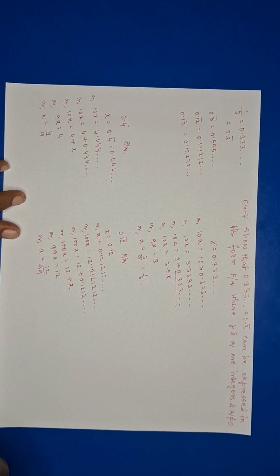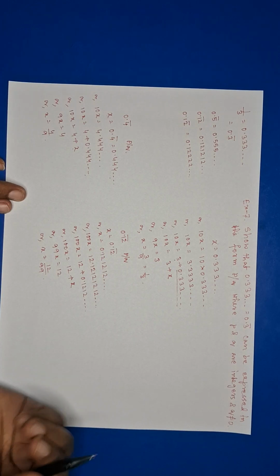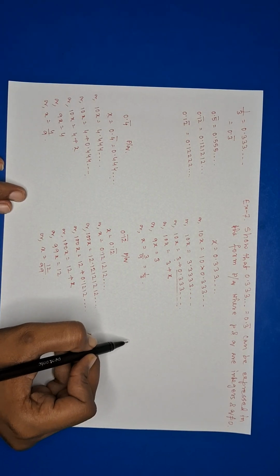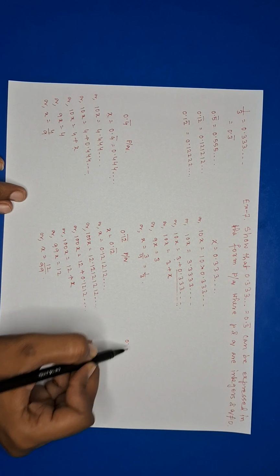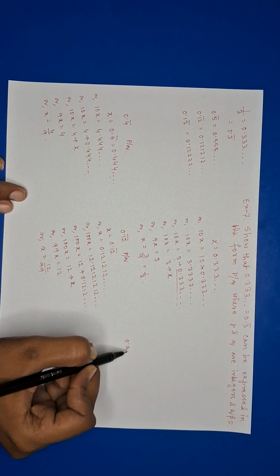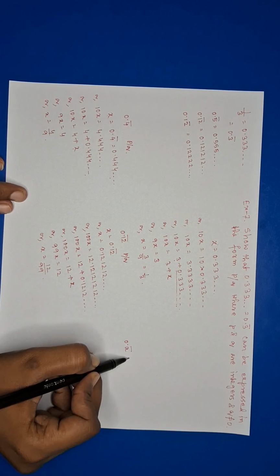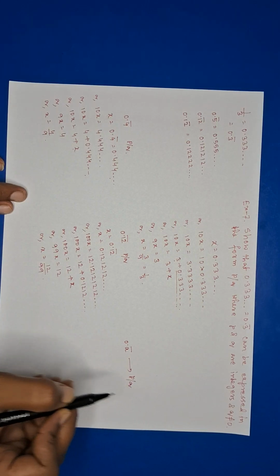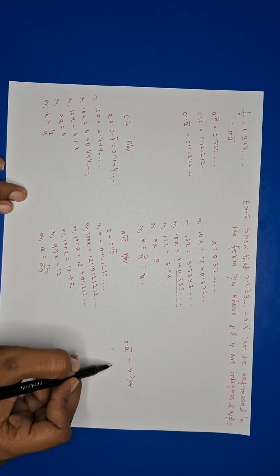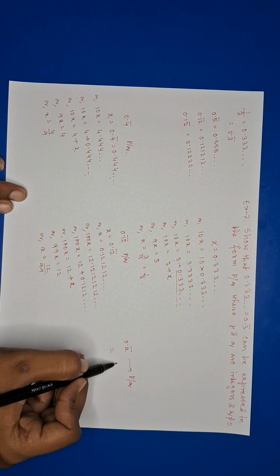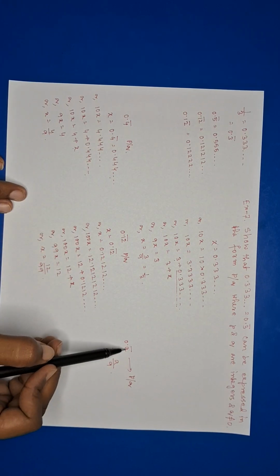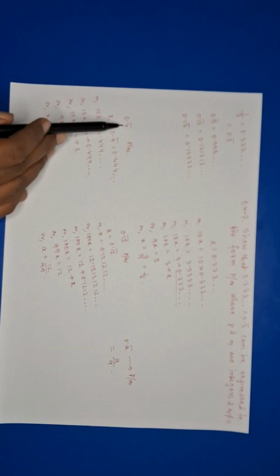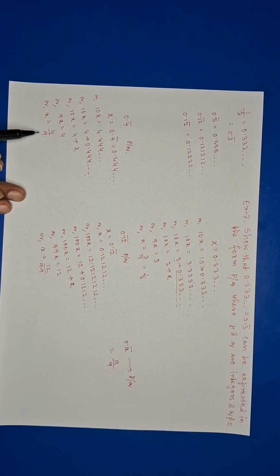So can we write that if I need to write a number such as 0.a bar in the form of p by q, will it not be a by 9? See, if we replace this a with 4, then it will be 4 by 9.